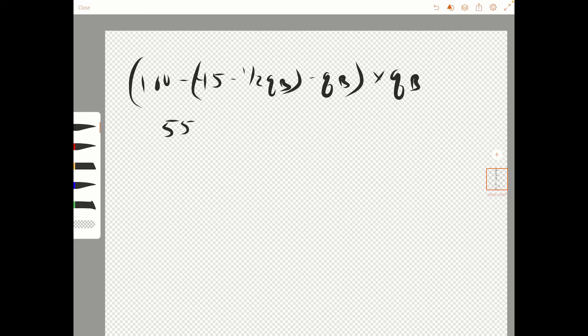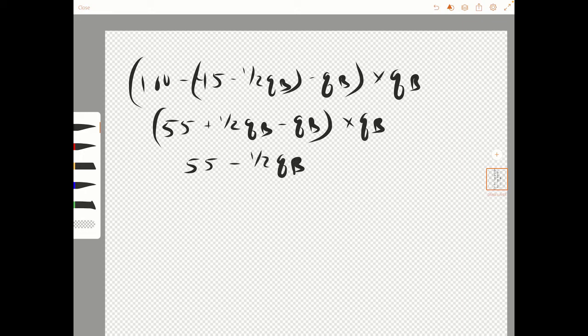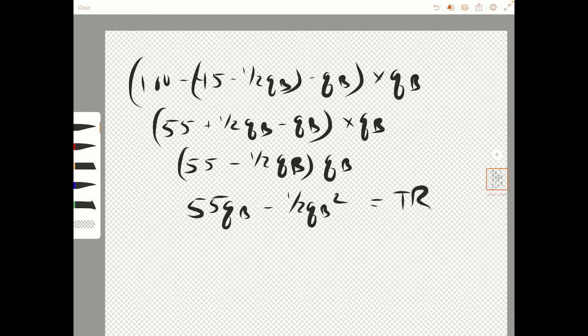So 100 minus 45 plus 1/2 QB minus QB times QB. Let's reduce this before we do our multiplication: 55 minus 1/2 QB times QB. So that gives us 55 QB minus 1/2 QB squared.